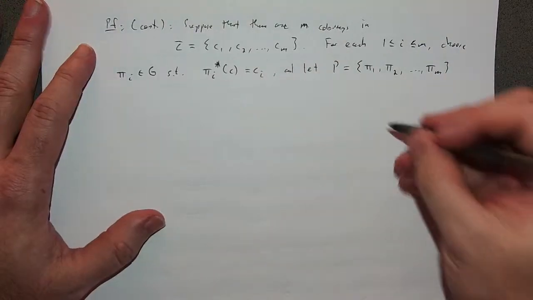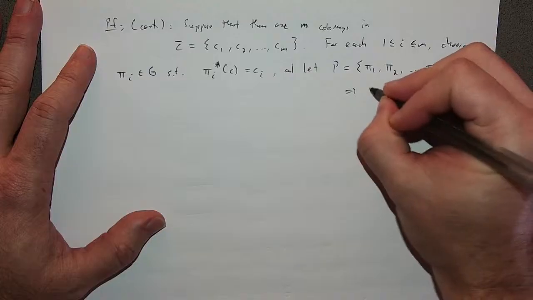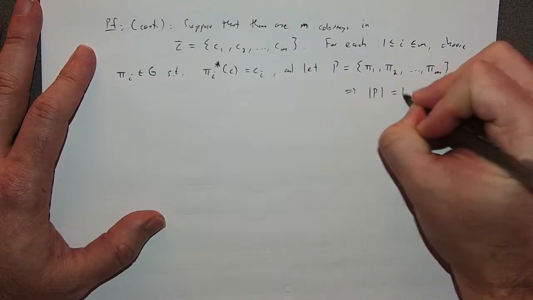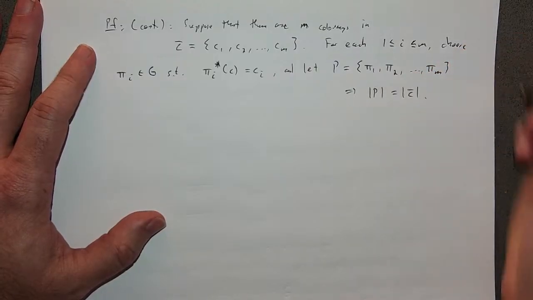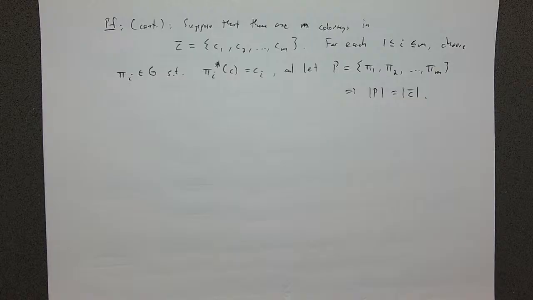We notice, of course, that this set P we've constructed has the same size as this orbit set.